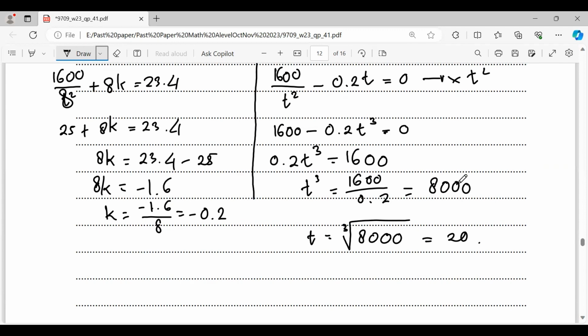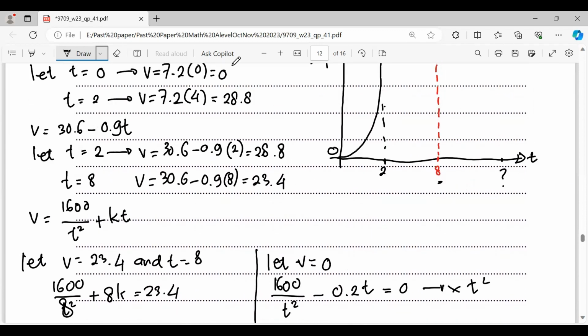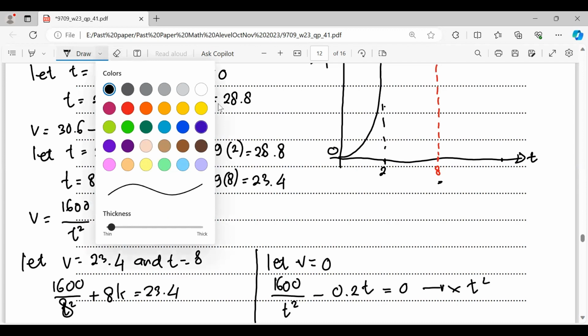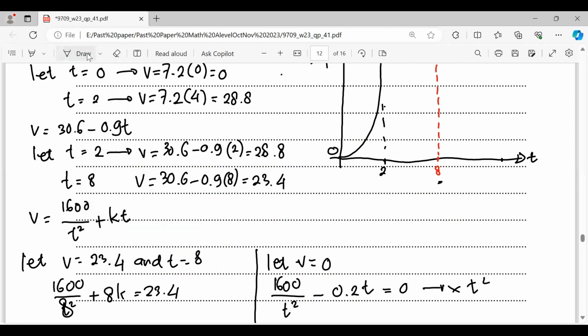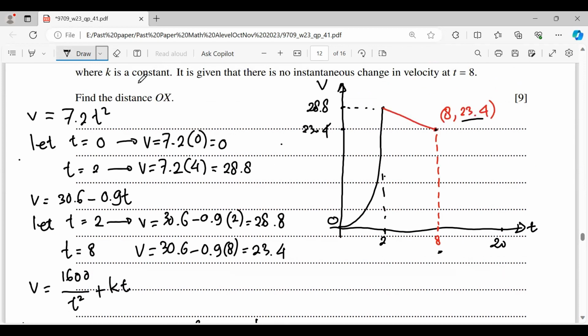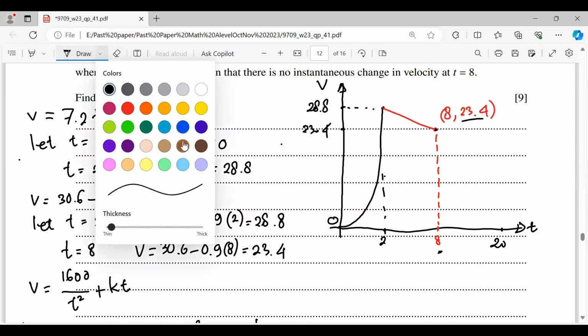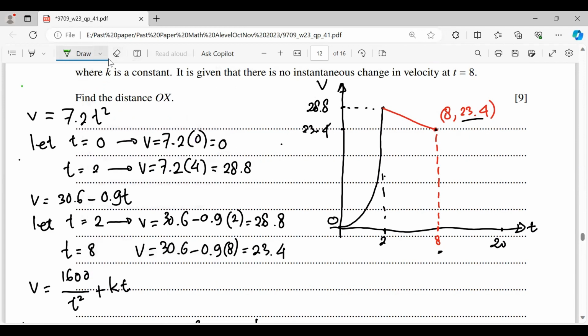So t equals 20. So on the t-axis, this is 20. So the graph will be like this. If you sketch the graph, it will be like this.